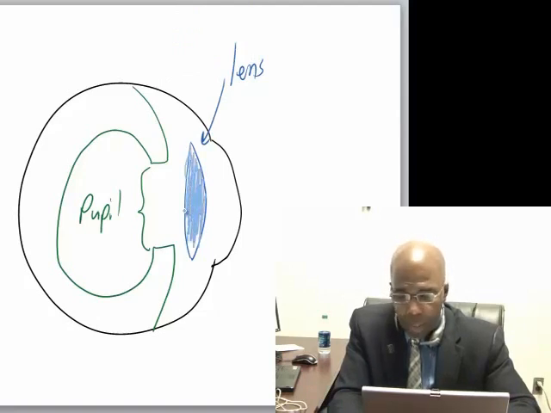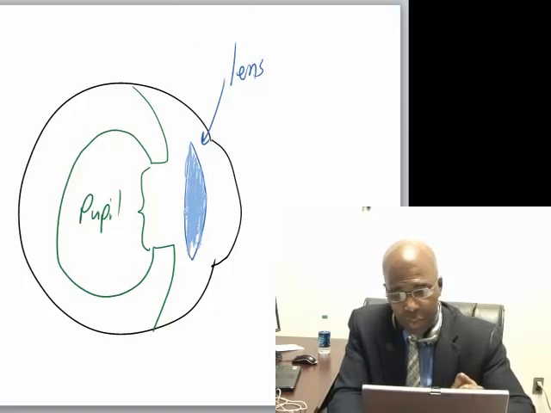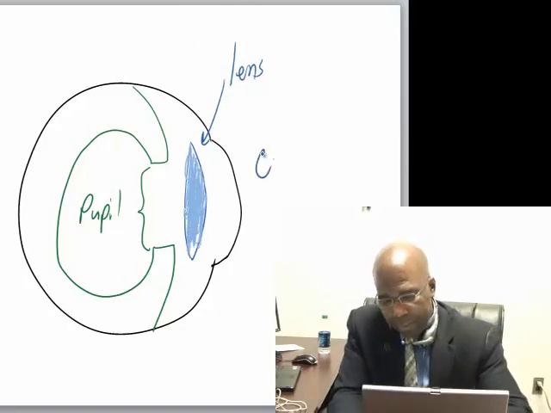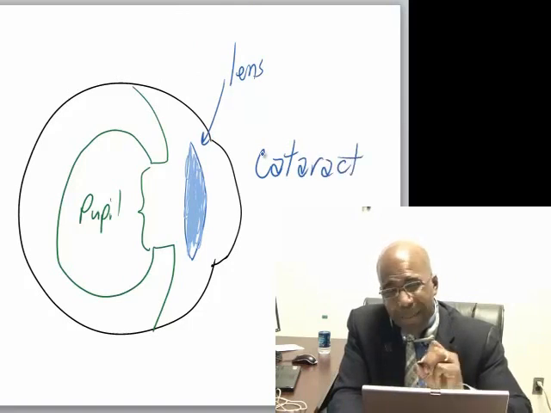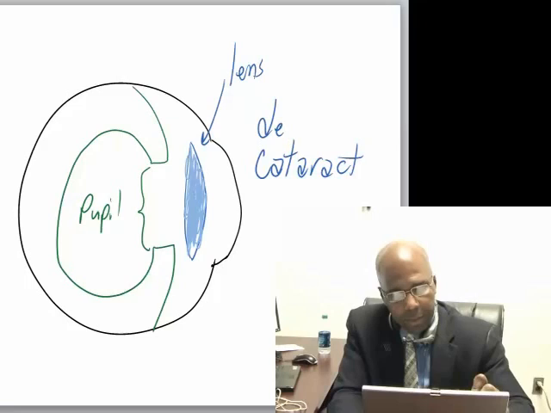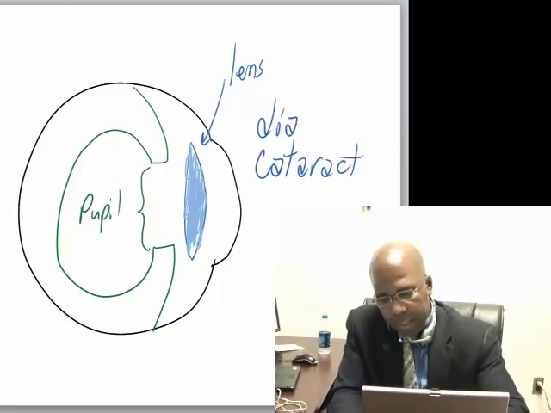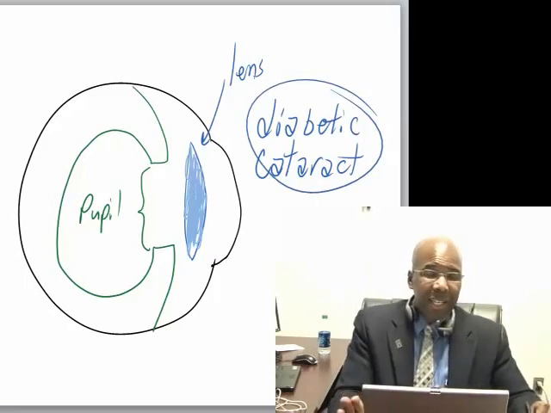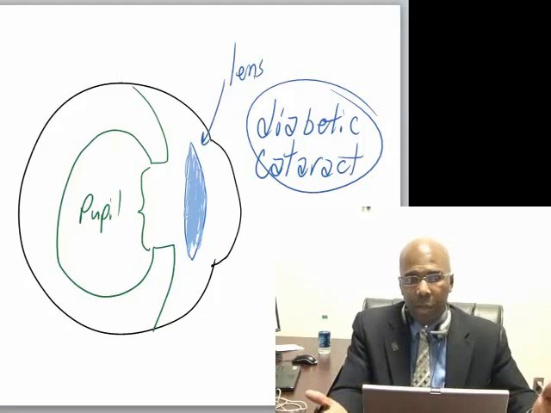And it causes the lens to become cloudy and hardened. And that condition is known as cataract. And this happens a lot in diabetic patients. So it's called diabetic cataract. Okay, so that's a condition you have to look for.